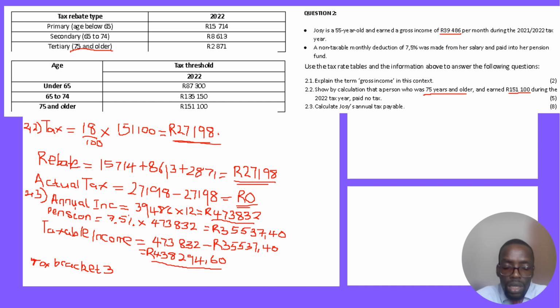In tax bracket number 3, what is the formula?